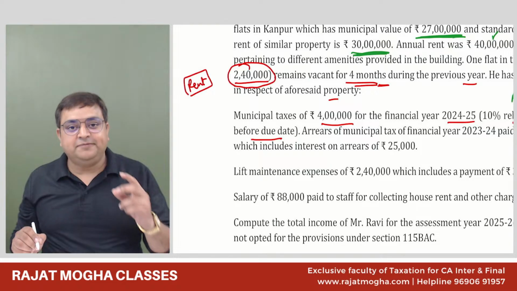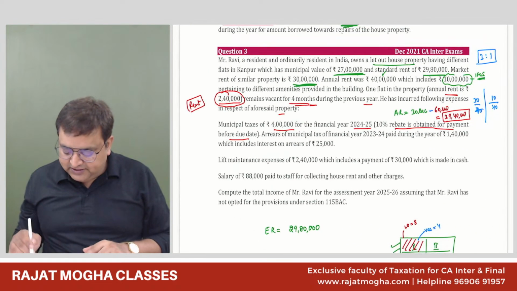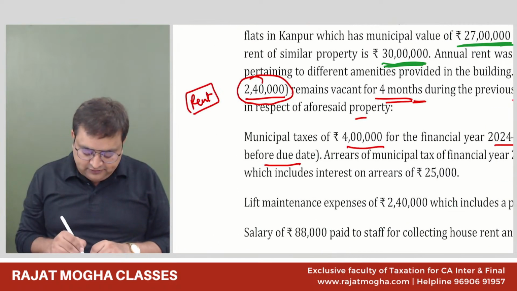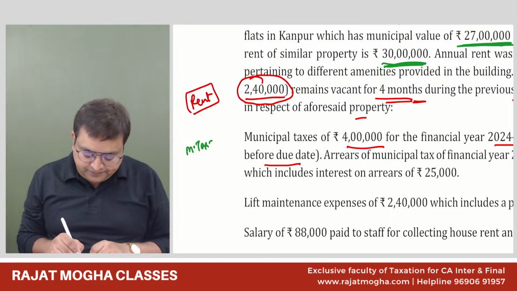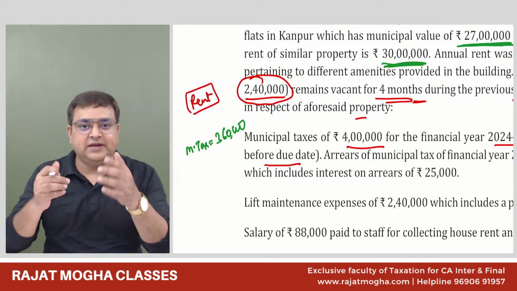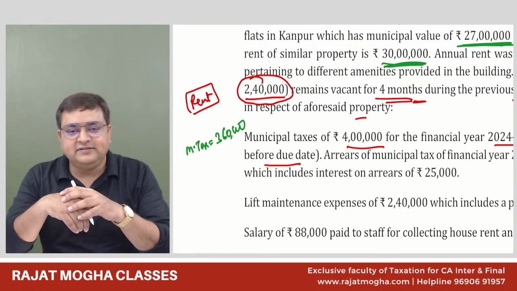The municipal taxes paid by the landlord are not 4 lakh. He got a 10% rebate, so 40,000 rebate he has got. So municipal taxes he has paid is 3,60,000 rupees. You will not take 4 lakh because 10% he is actually saving. So we will take only 360.